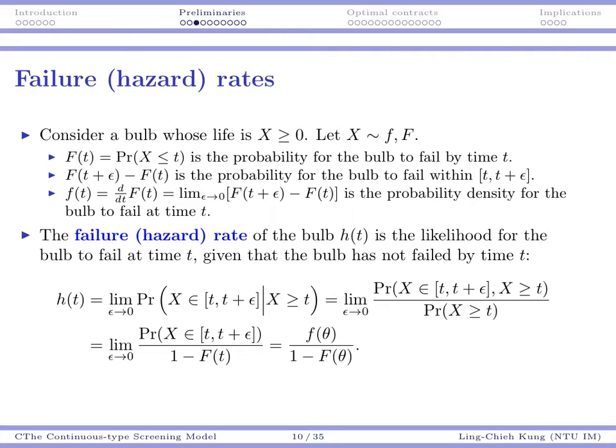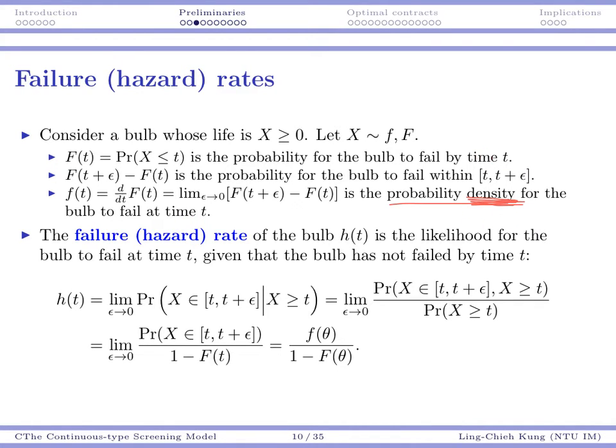So small f of t basically means that particular probability when epsilon goes to 0, the limiting probability. Or you can also say it's just the derivative. But we don't say it is a probability, we say it is a density: the probability density for the bulb to fail exactly at time t. Given that capital X is continuous, this probability would be 0, so what you can say is density.